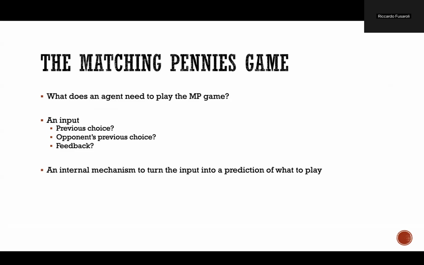We need an internal mechanism that turns the input into a prediction of what to play, which could be something like this. And we need a decision mechanism, which we hadn't written, that turns the prediction into a choice. So in a sense, we could say that there is an input.